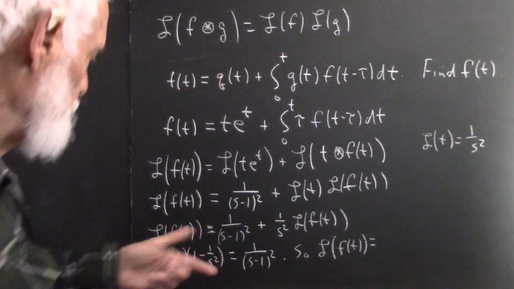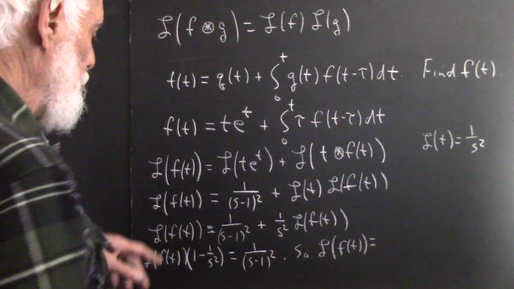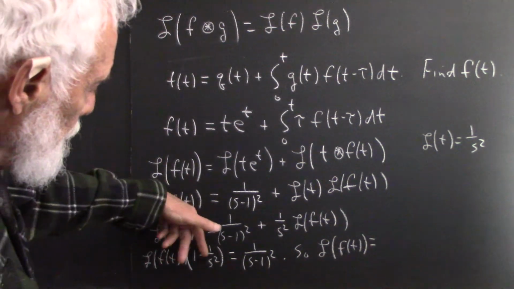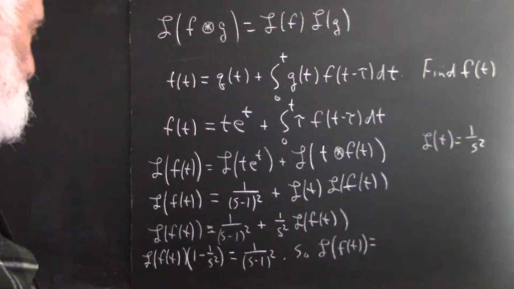Okay, and we can then multiply by the reciprocal of what we get here, which will be s squared over s squared minus 1.